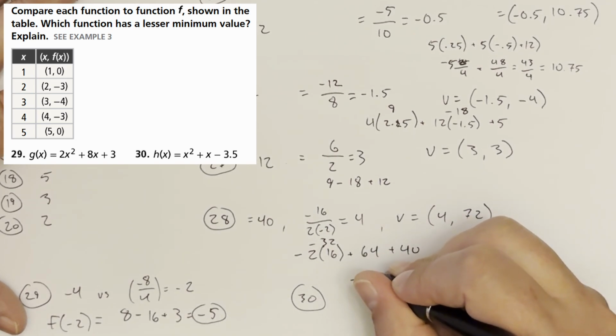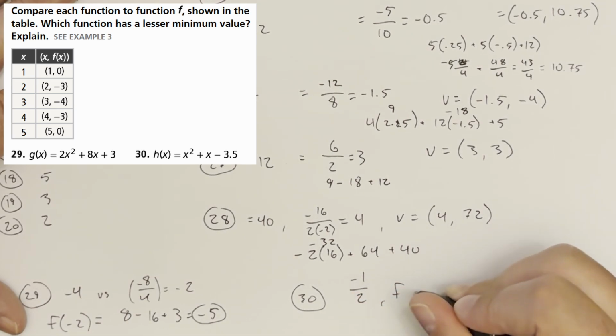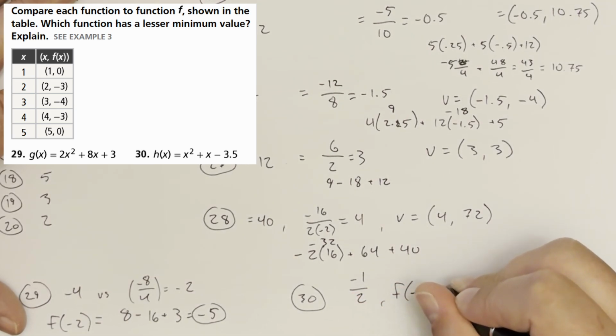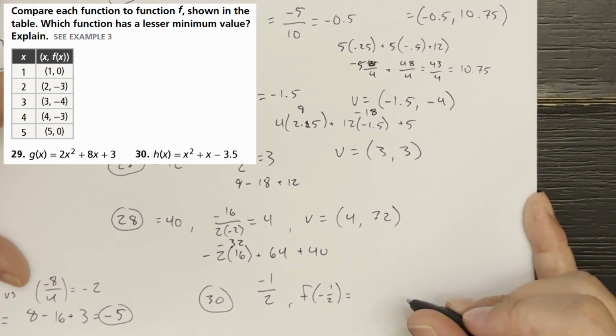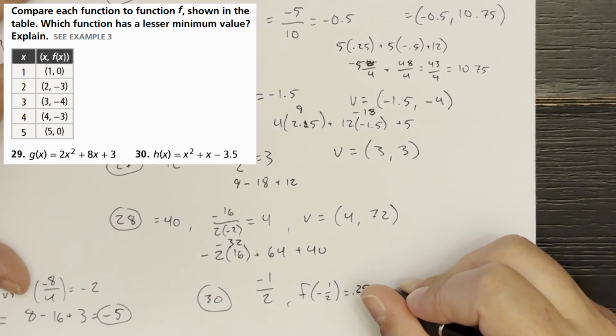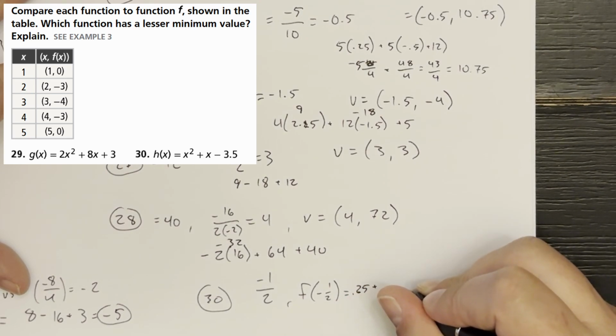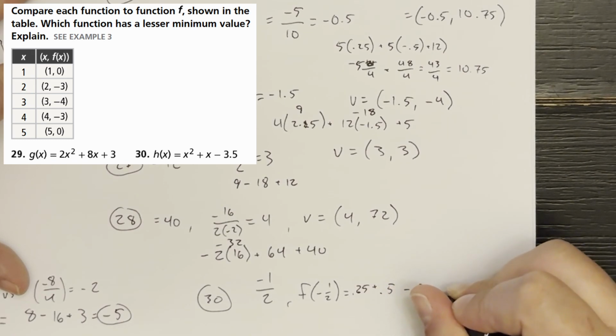30, same thing, we've got a minimum of negative 4, so let's find the vertex. I've already done that. Negative b over 2a is just negative 1 over 2, because they are both 1. And so we find the f of negative 1/2 or negative 0.5.